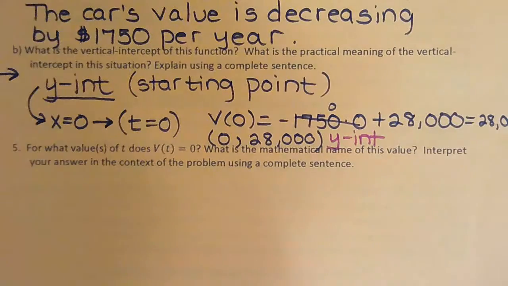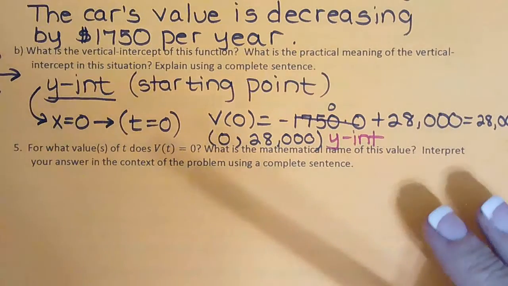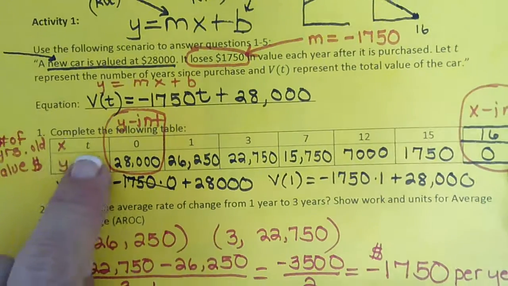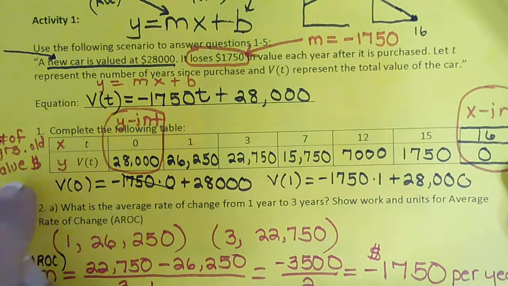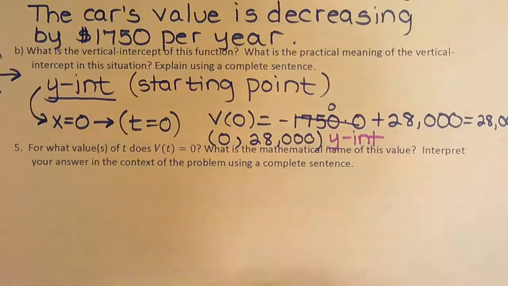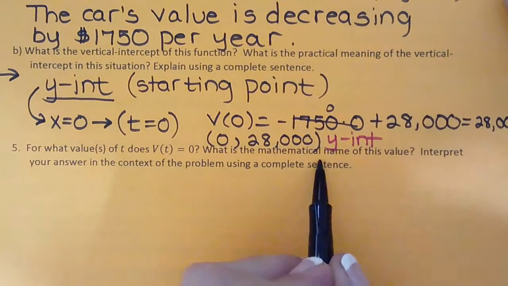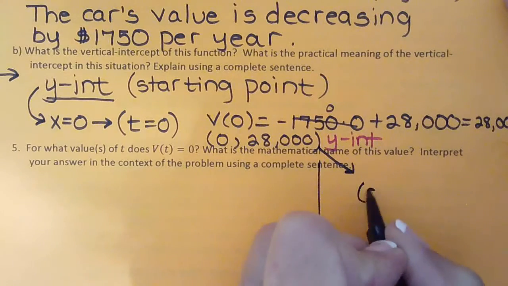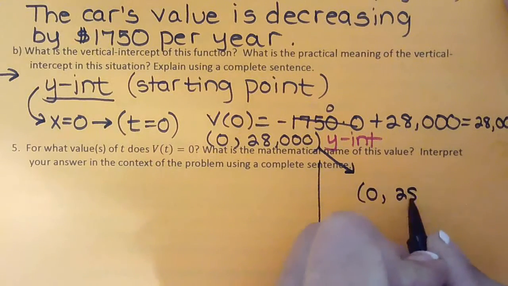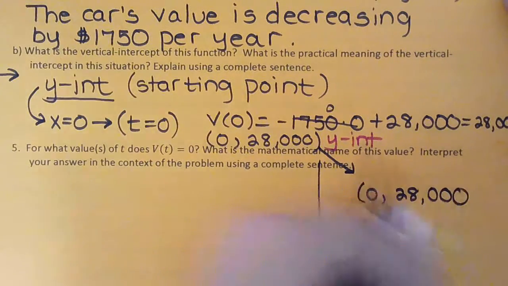What I like to do for ones like that is I look at what x and y stand for. So x is the number of years of the car, y is the value in dollars, and I write it right above. I'm going to bring it down here. So here's 0, 28,000.